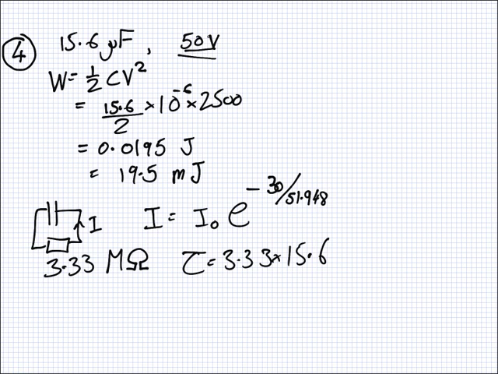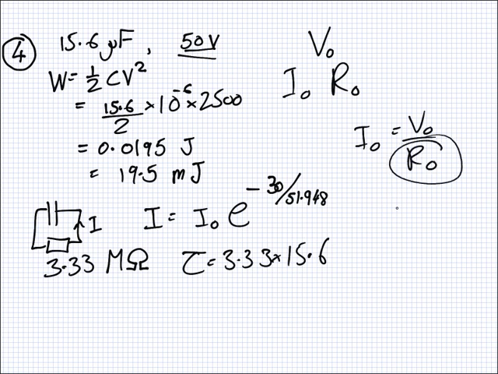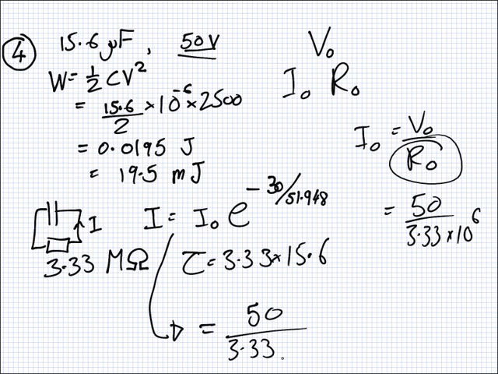So we actually want I0, which is V0 over R. This doesn't change, so it will just be 50 over the R. If I continue this down here, this will equal 50 over 3.33 times 10 to the 6 times e to the power minus 30 over 51.948 equals.